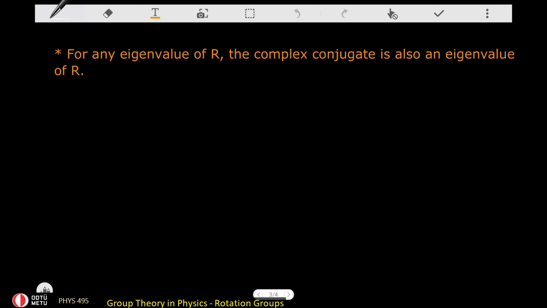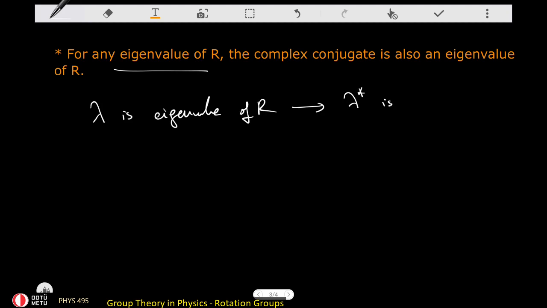So the next thing is that if lambda is an eigenvalue of R, this implies that the complex conjugate of lambda is also an eigenvalue. If lambda is real, of course, this doesn't give us any information. But if it is complex, then this gives us new information.